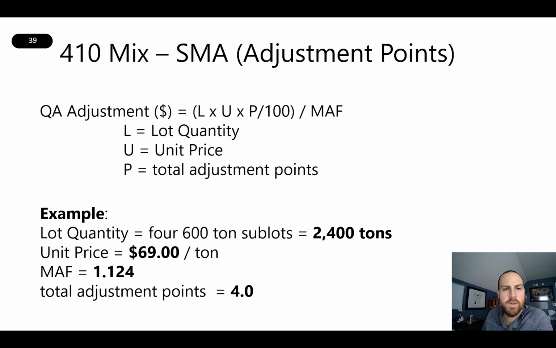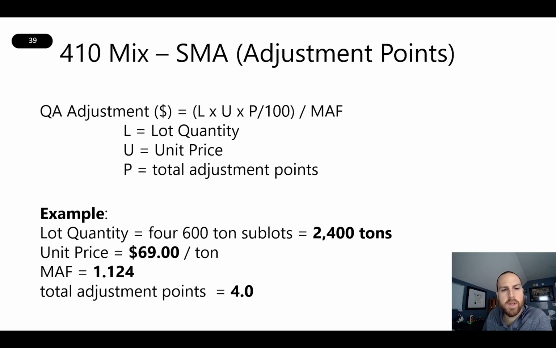So the quality adjustment equation for SMA looks similar to PWL or single sublot quality adjustments, but it's slightly different. It involves the lot quantity, the unit price, and then P, which is the total adjustment points. So let's work through this example of SMA.